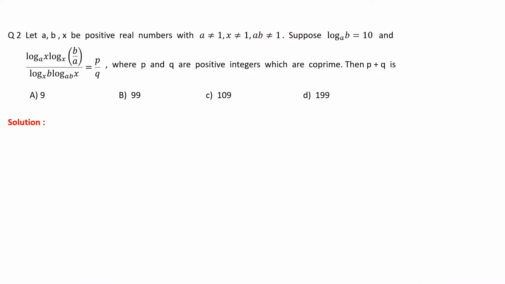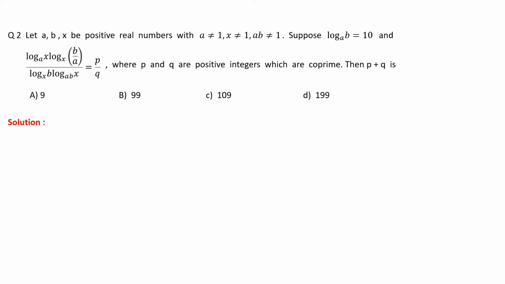Now students, this is the second question. The question says, let a, b, x be positive real numbers with a not equal to 1, x not equal to 1, ab not equal to 1. Suppose log b to the base a equal to 10, and this given expression is there: log x to the base a into log b by a to the base x, whole divided upon log b to the base x into log x to the base ab, equal to p by q, where p and q are positive integers which are co-prime.